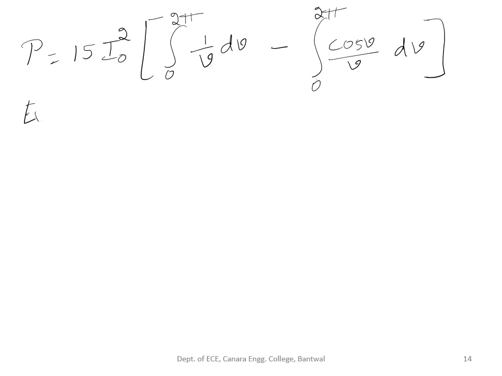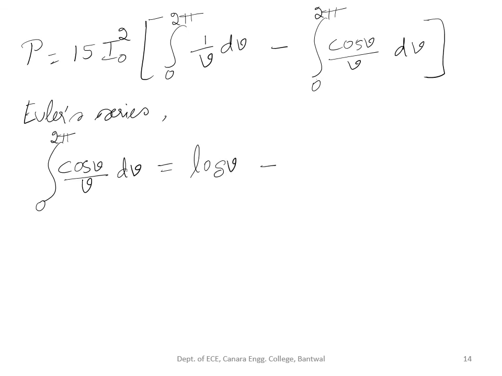Using Euler's theorem, integration of cos v divided by v dv for limit 0 to 2 pi is equal to log v minus v square divided by 2 into 2 factorial plus v to the power 4 divided by 4 into 4 factorial minus, and so on.